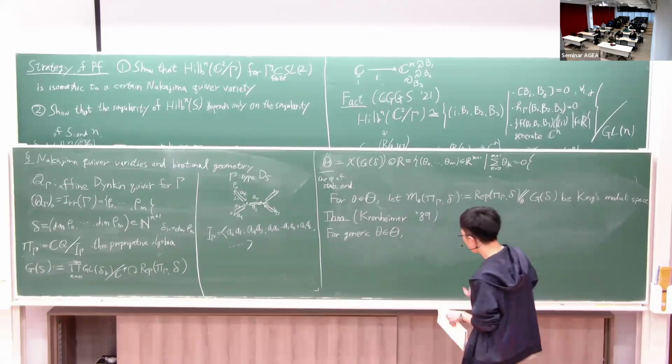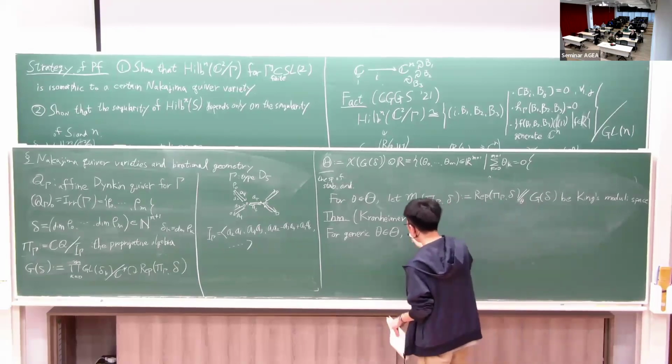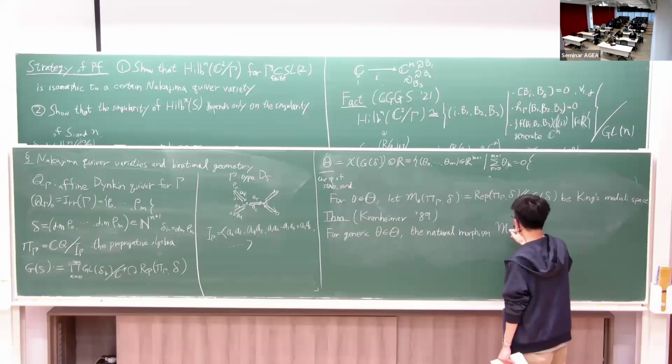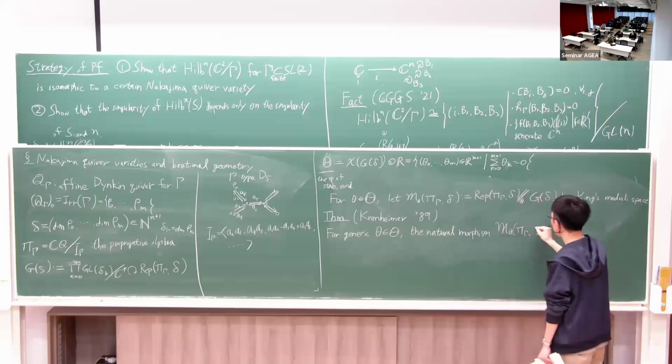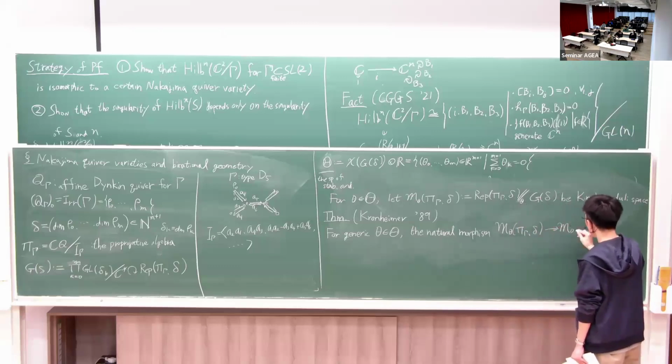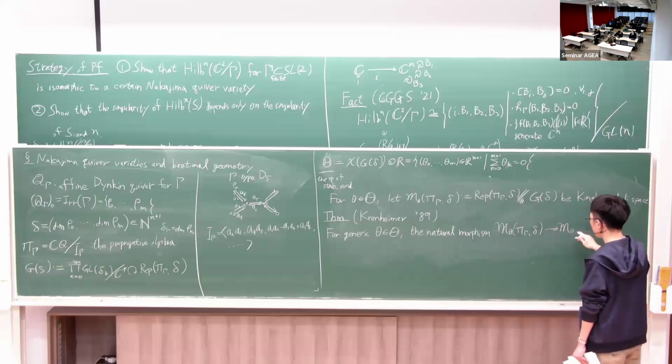And if we take an element from a chamber, then we can construct the moduli space and the natural morphism from the moduli space for generic stability condition to the moduli space corresponding to the trivial stability condition. So this is always affine.